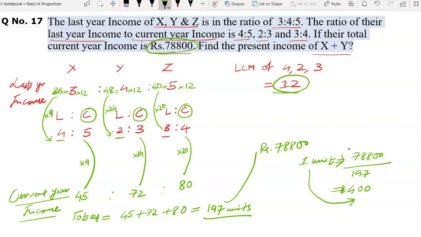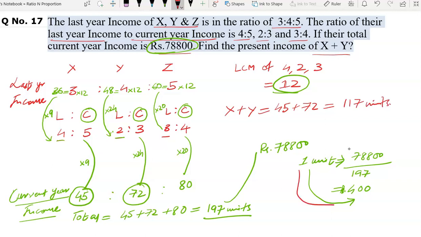Now in this question, we need to find the present income of X plus Y. X is 45 units and Y is 72 units. So X plus Y is 45 plus 72, which will give us 117 units.